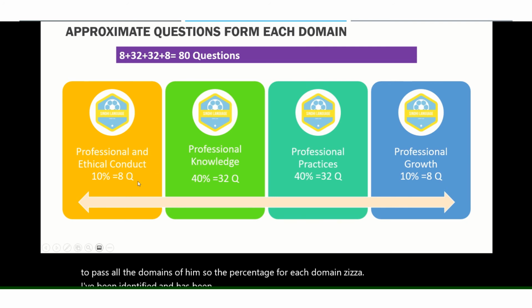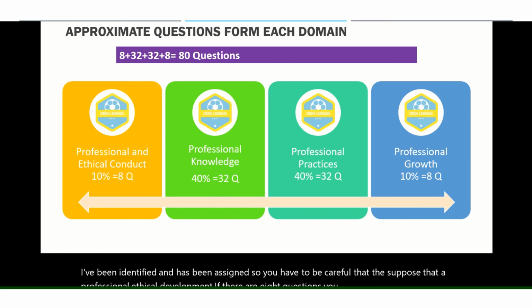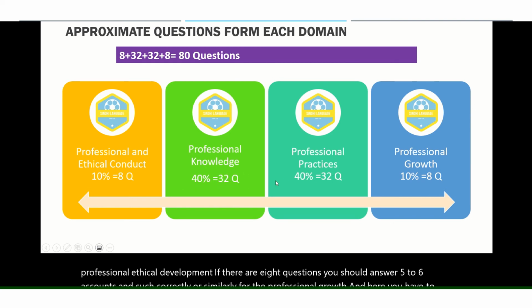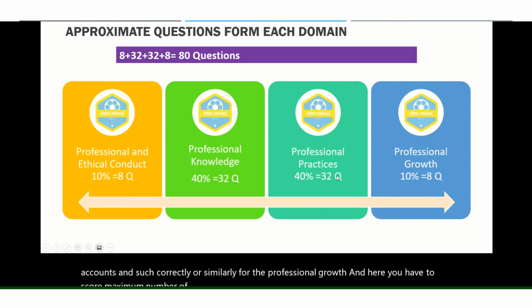So you have to be careful. Suppose for professional and ethical conduct there are 8 questions, you should answer 5 to 6 correctly. Similarly for professional growth, you have to score the maximum number of questions. So you should be confident about each question.